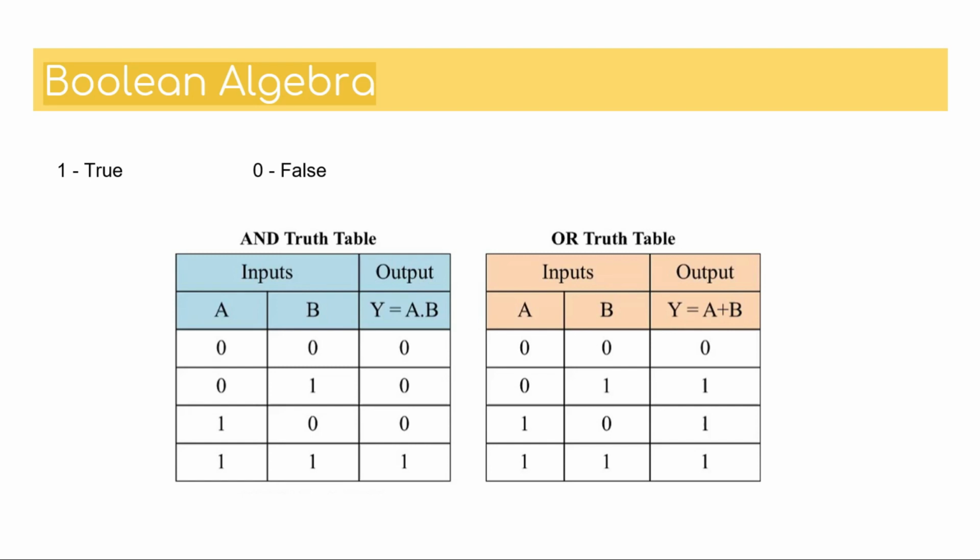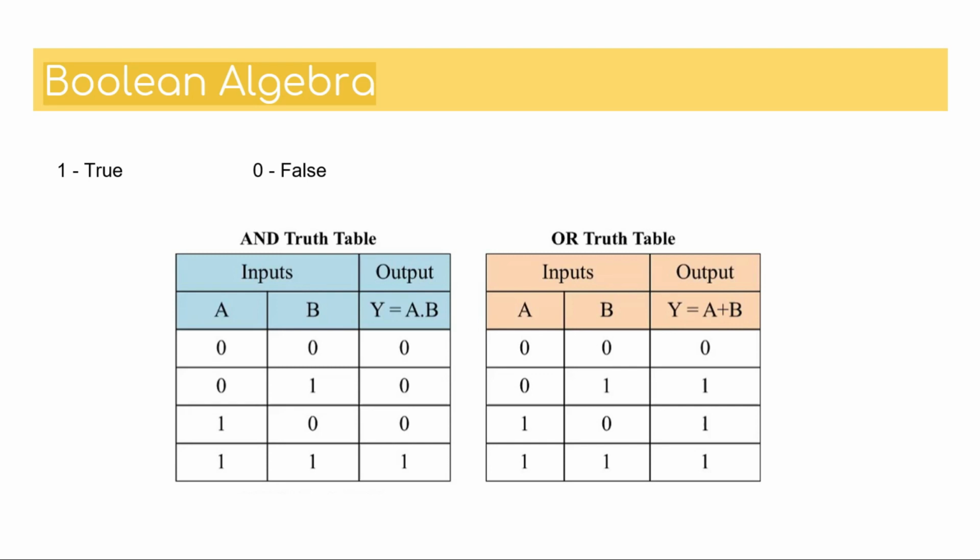Similarly, talking about the OR truth table, you will find that whenever any of the conditions is true, the resultant condition will be true because in the OR case I want this or that. I am satisfied if I get any one of them. So 0 and 0, false and false would be false because you are not getting any condition. 0 and 1, that is false and true, one true is there, so the result would be true.